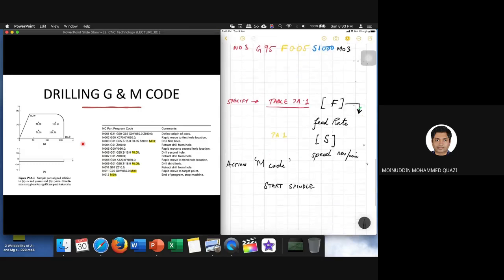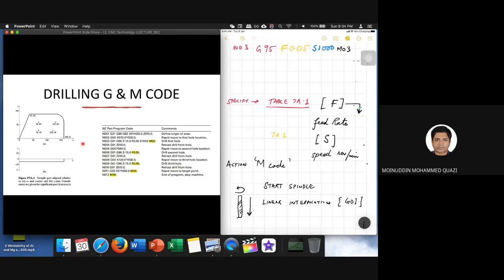If the tool needs to cut while moving downwards in a straight line, this is called linear interpolation. And the code for linear interpolation is G01.